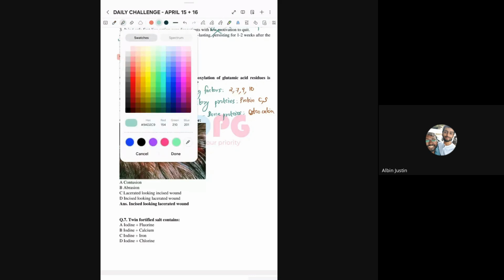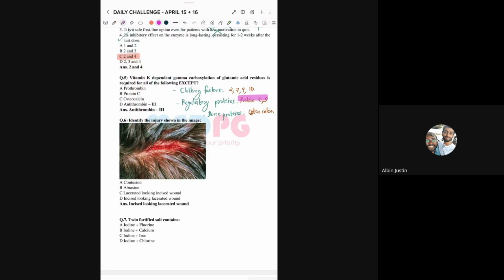Where do you see it? In hypercoagulability, the inherited cause. Also in warfarin toxicity you see protein C, protein S. Then another important one is factor V Leiden mutation. So the answer is antithrombin 3.